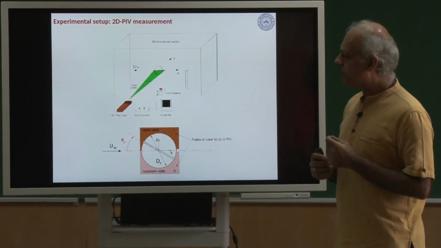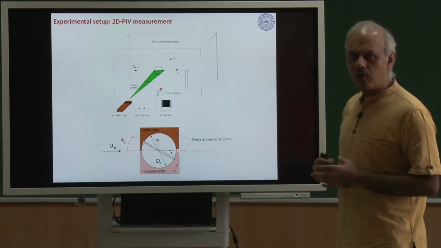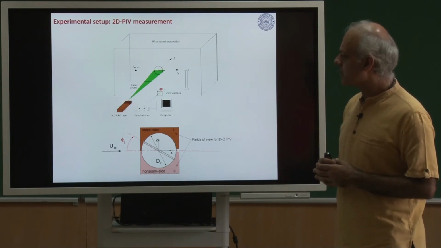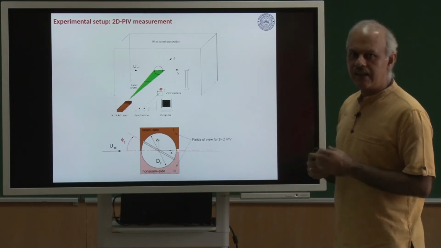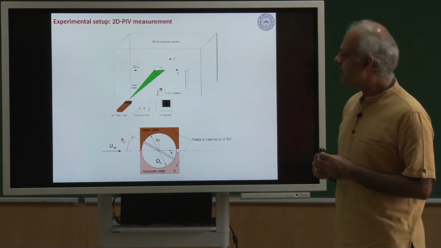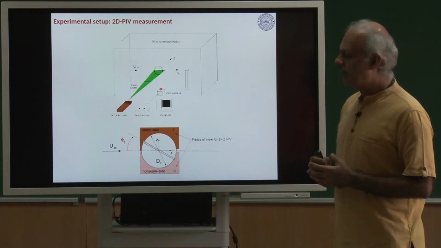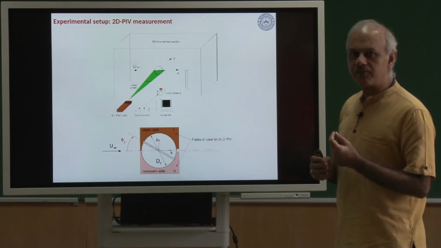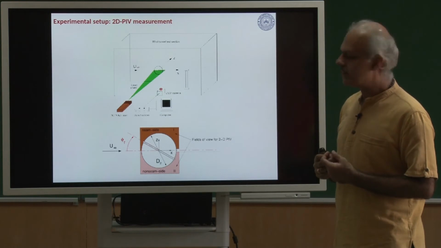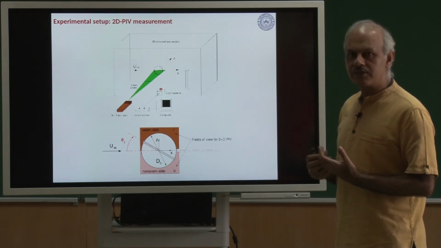So we take one picture where we can take all the locations of these fog particles, and then after a very small interval the laser shines again, we get a second picture, and because these fog particles are of different diameters, we have a software which correlates.